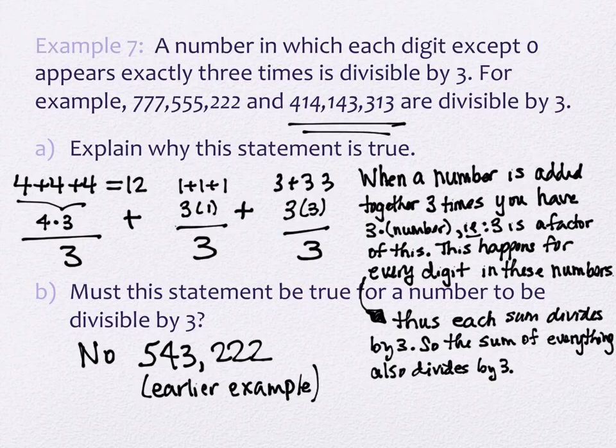This number was divisible by 3. And the numbers did not occur, all of them, 3 times. The 2 occurred 3 times, but the 5, 4, and 3, of course, didn't. You could create lots of examples. In fact, you could create really small examples like 12. Yeah, 12 works. It's divisible by 3, and it certainly does not have the numbers occurring 3 times.